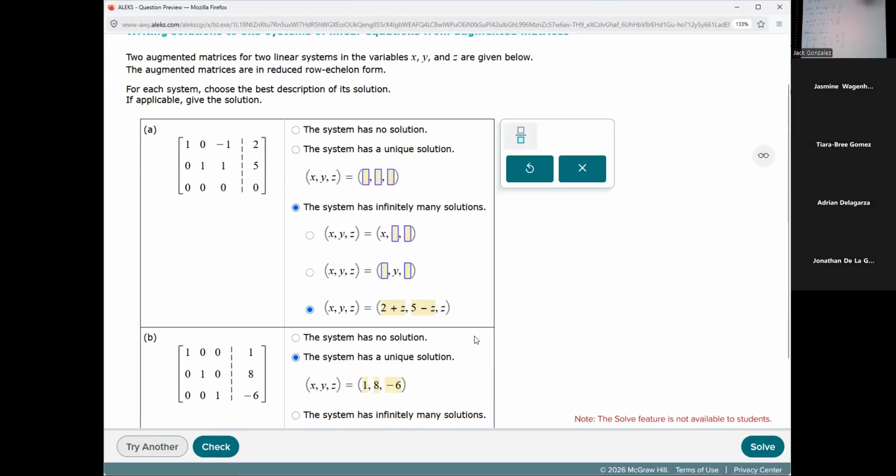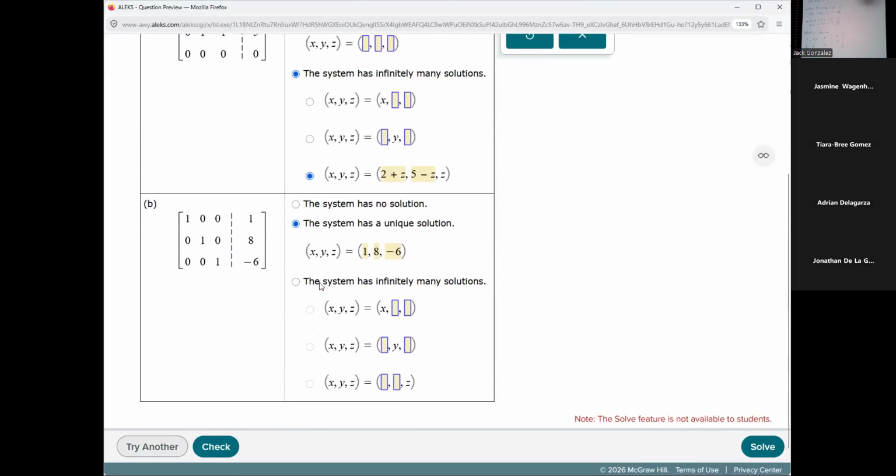It can be a little weird to write this when you have the infinite case. We'll talk about that in just a second.